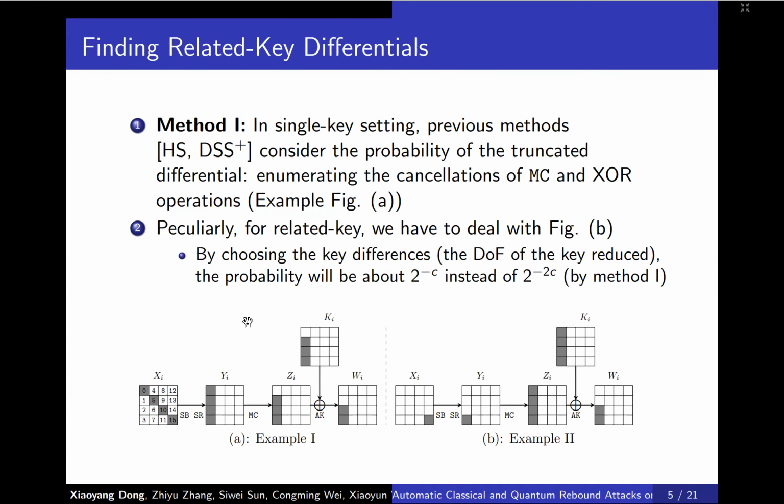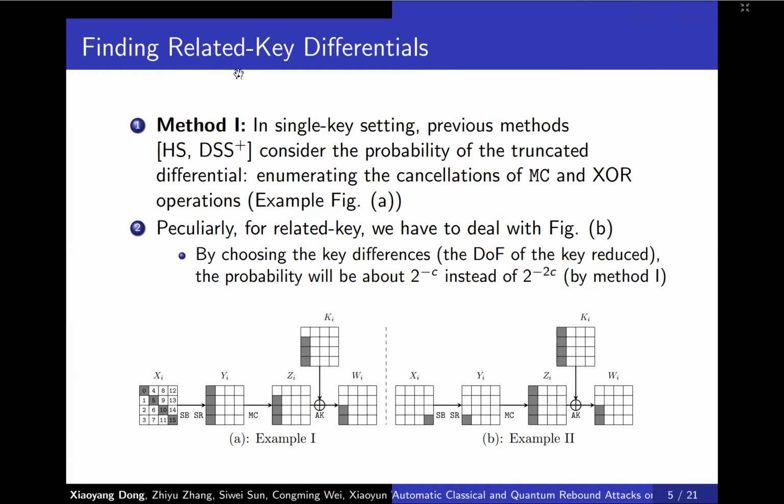We build an automatic tool to find the related-key differential. Different from the single-key setting, previous work considers the probability of the truncated differential. They enumerate the cancellations by MC and XOR operations to estimate the probability.